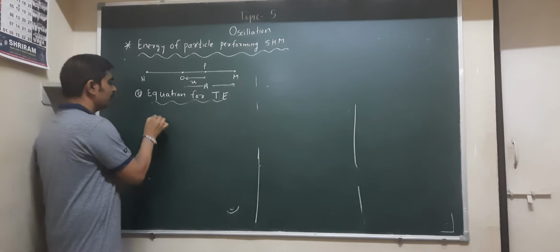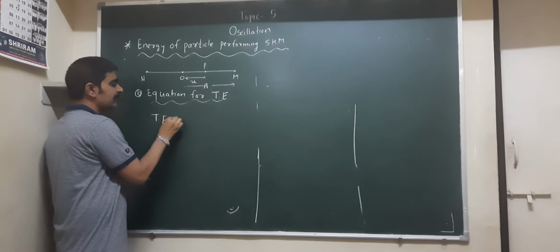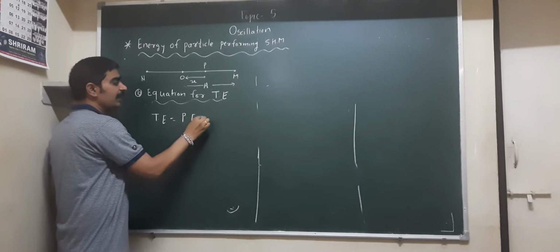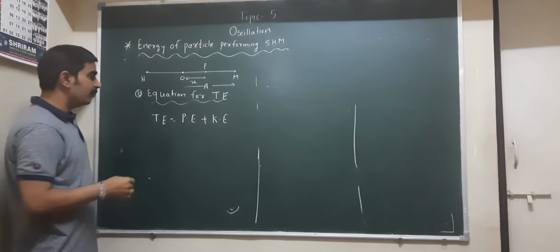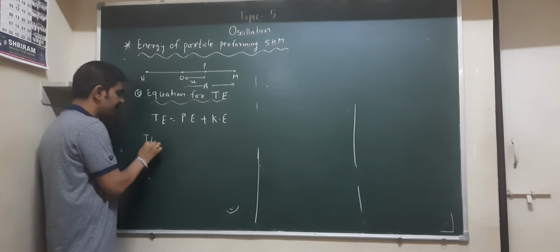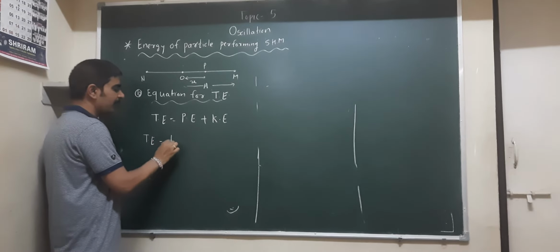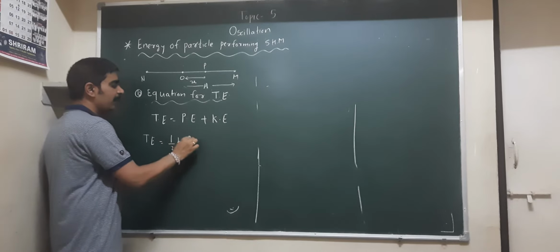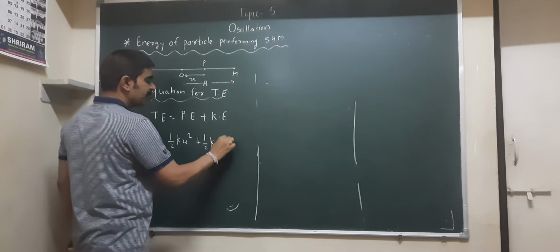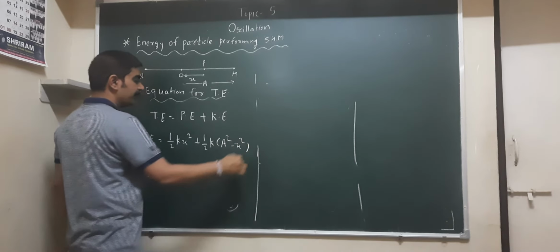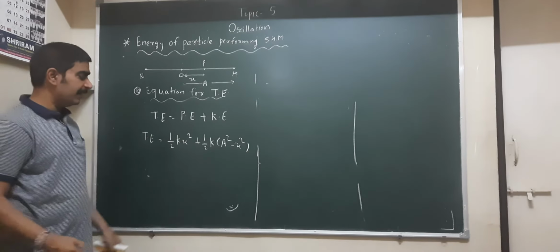So friends, total energy is the sum of potential energy and the kinetic energy. So from equations 2 and 3 you can substitute the values. Total energy is equal to potential energy, half kx square, plus half k into the bracket a square minus x square, which is the formula for the kinetic energy.